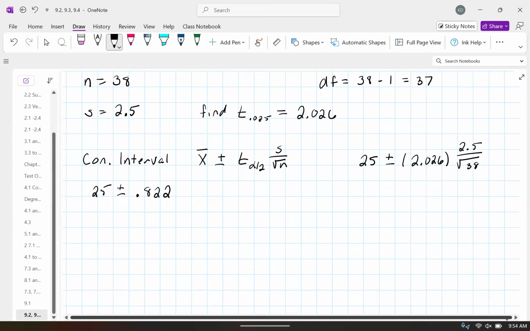Okay, so this value here I find is 0.822. So then I get 25 plus or minus that. Now I'm going to turn it into two separate pieces. So 25 minus that gives me 24.178.